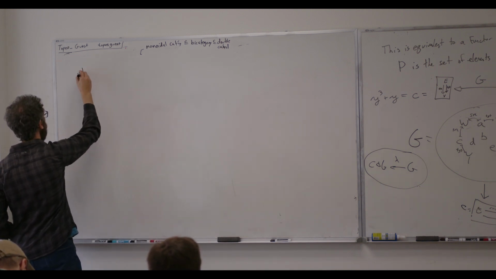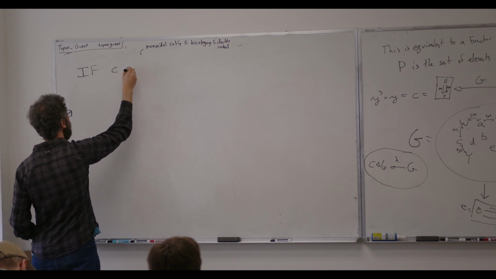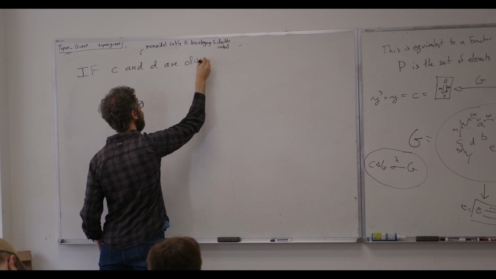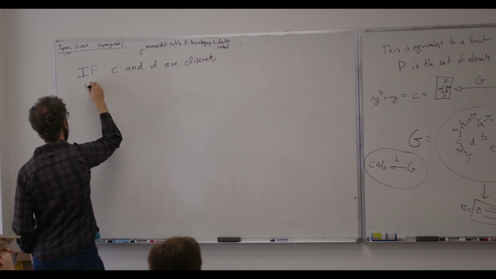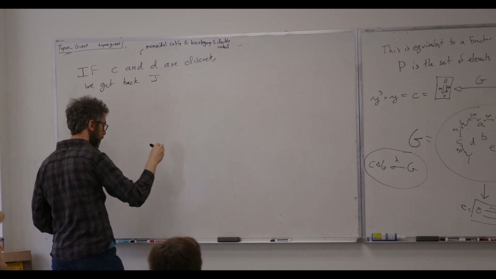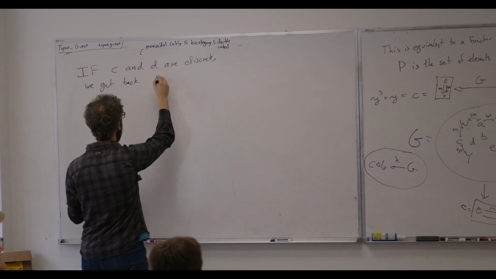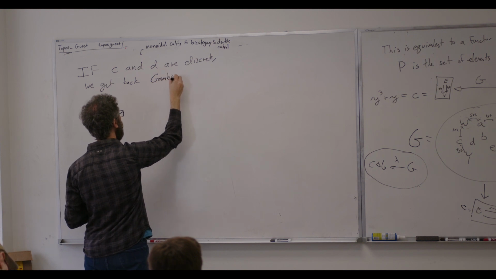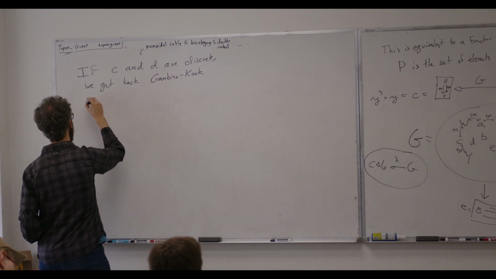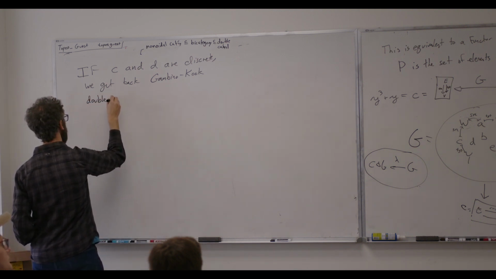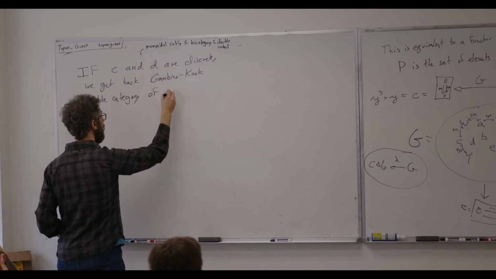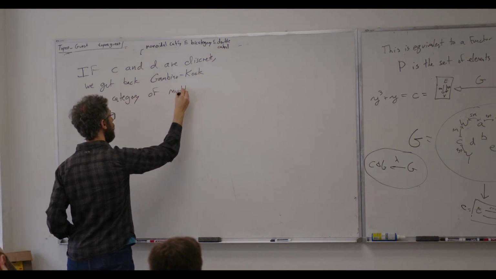So if C and D are discrete, we get back the Gambino-Kock multivariate double category. I know we're not focusing on the double category today, but multivariate polynomials.